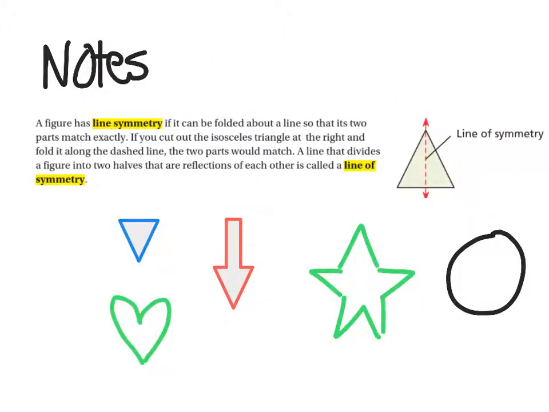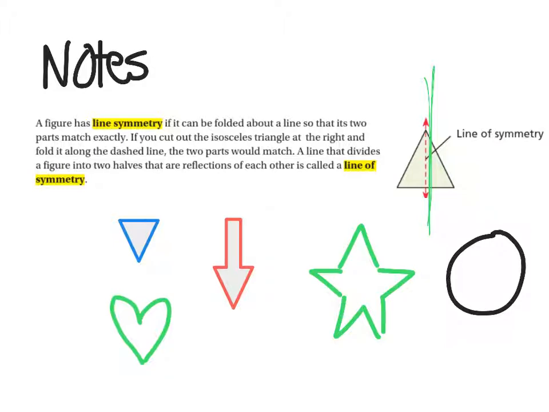So we were just talking about which quadrant those ordered pairs go into, and now we're going to be talking a little bit about the line of symmetry. You've probably done line of symmetry before, so just to review, if you have a shape and it has line symmetry, it means you can draw a line on it, and when you fold it in half, it's the exact same.